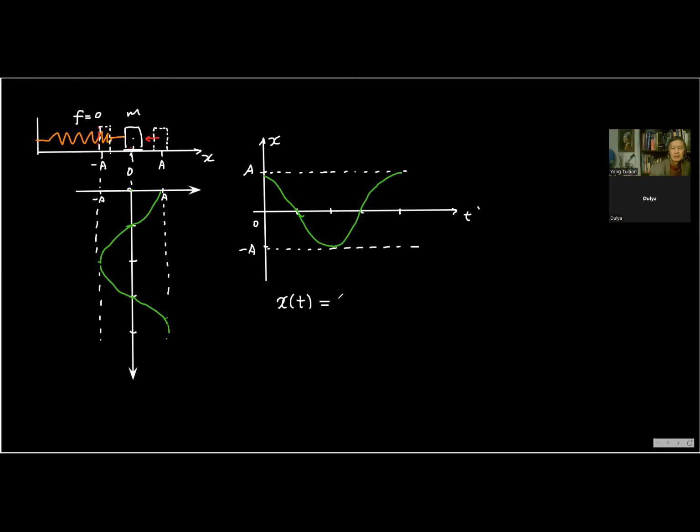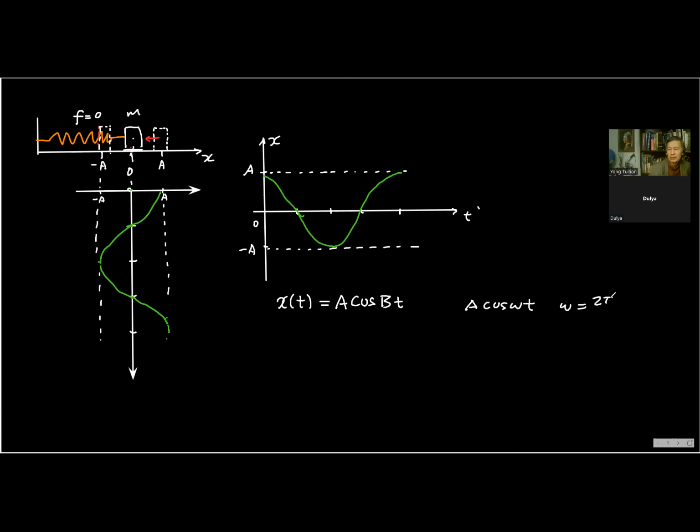Exactly, the amplitude is a, right? And the cosine. If you use mathematics, we just use b and multiply by t. In physics, we prefer to use this notation. We use omega, because omega has a simple relation with the period.